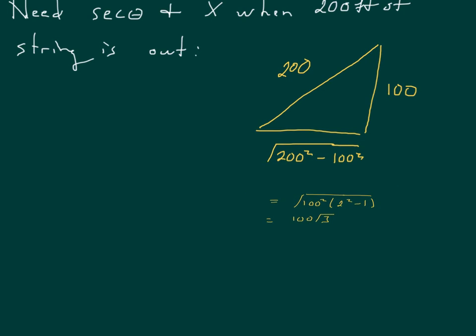All right, so the length of this side here is 100 root 3. That gives me our x in this case. So x is 100 root 3 when 200 feet of string has been let out.